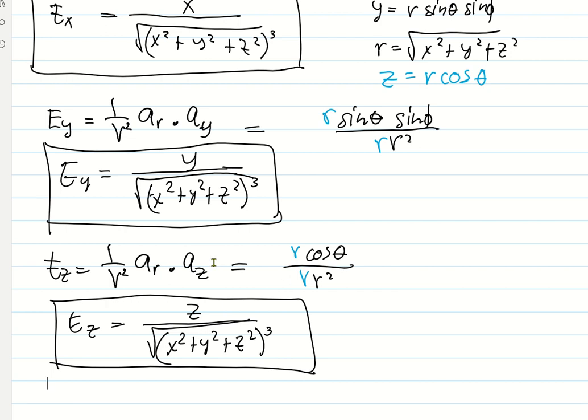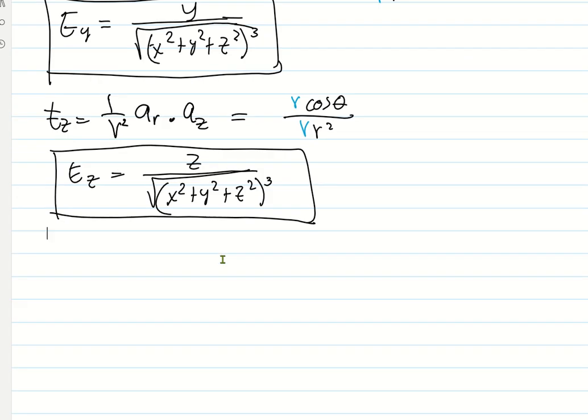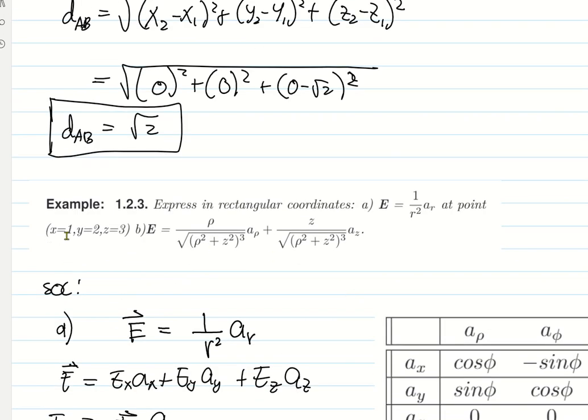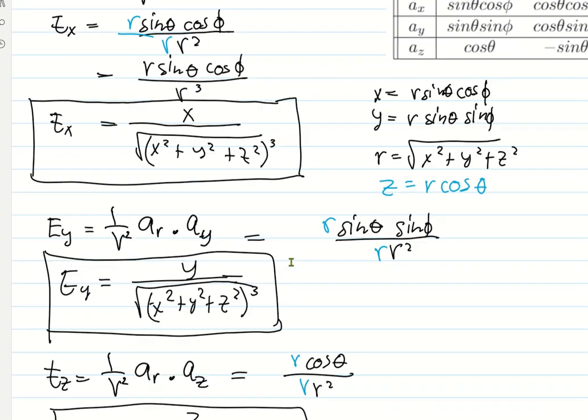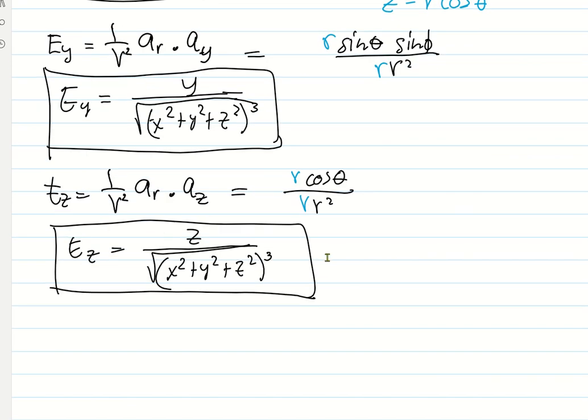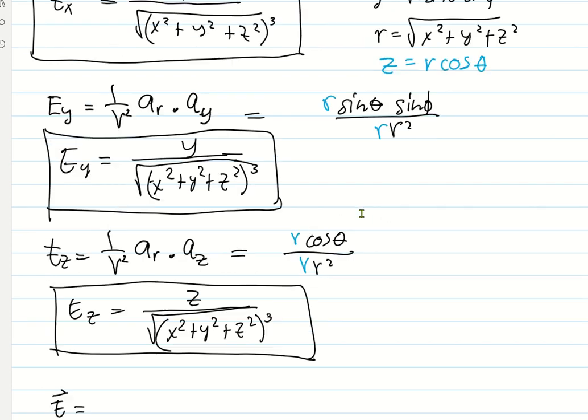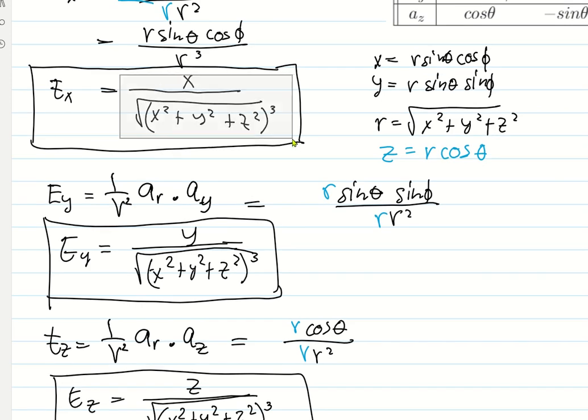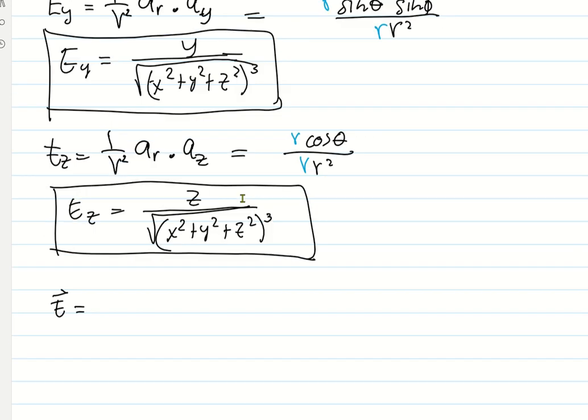So now we know the components on the different unit vectors or directions a_x, a_y, a_z. There's a given point at x equals 1, y equals 2, z equals 3. So we need to evaluate this in terms of that. But before we do that, we can first collect all the components. For the first one, the x component here, just copy this one.